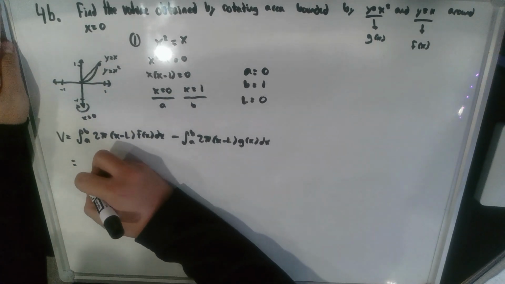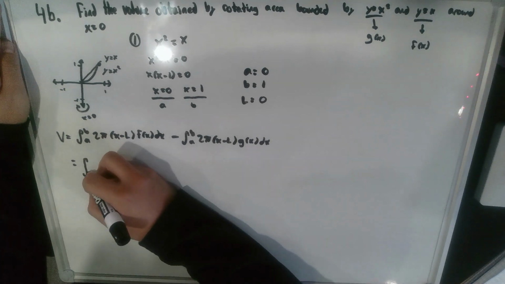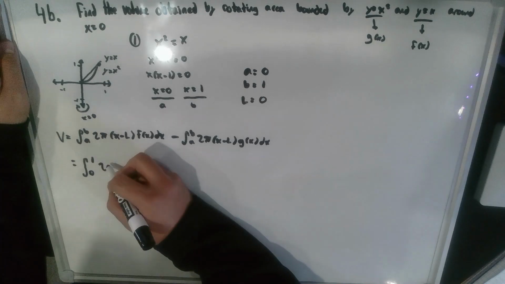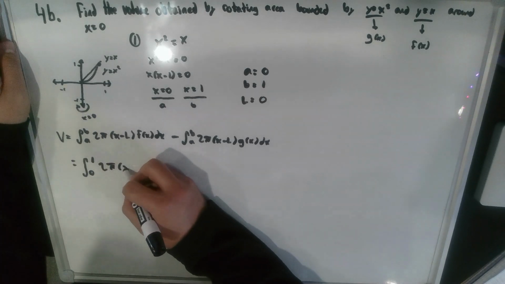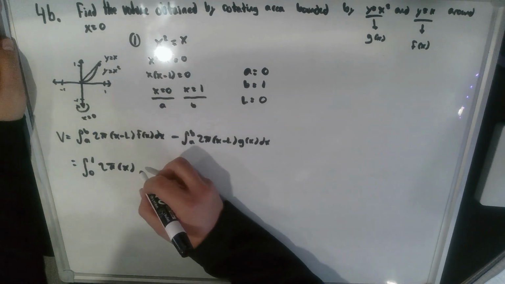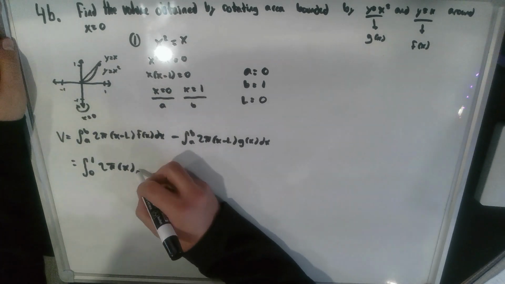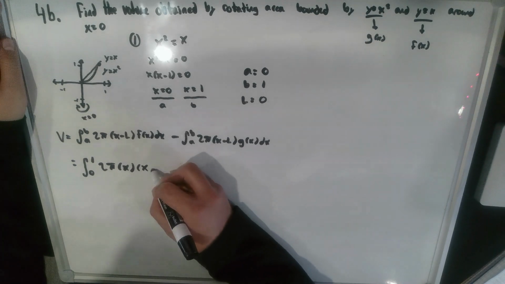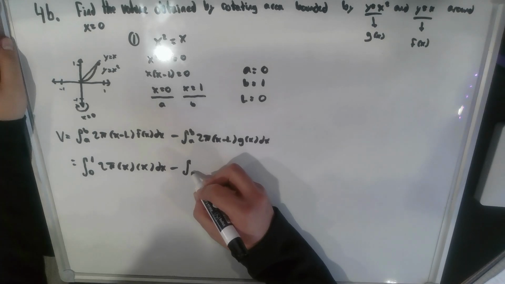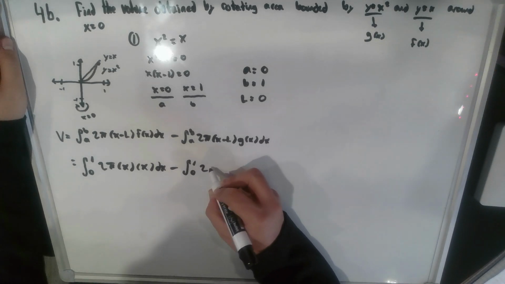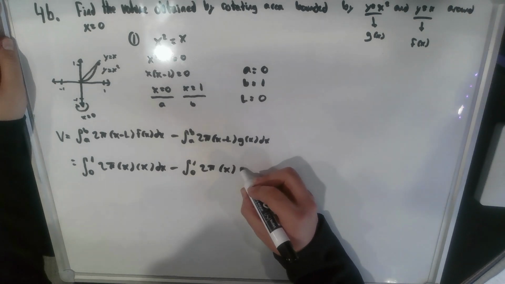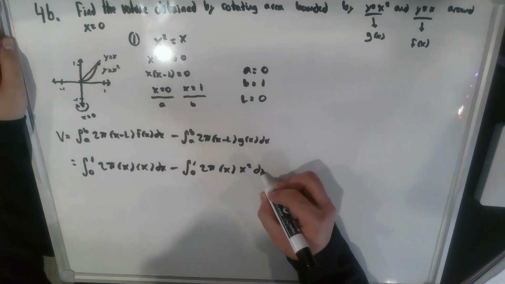Volume equals the integral from 0 to 1 of 2 pi x, because L is 0, so x minus 0 is just x, times f of x, which is x, dx, minus the integral from 0 to 1 of 2 pi x times g of x, which is x squared, dx.